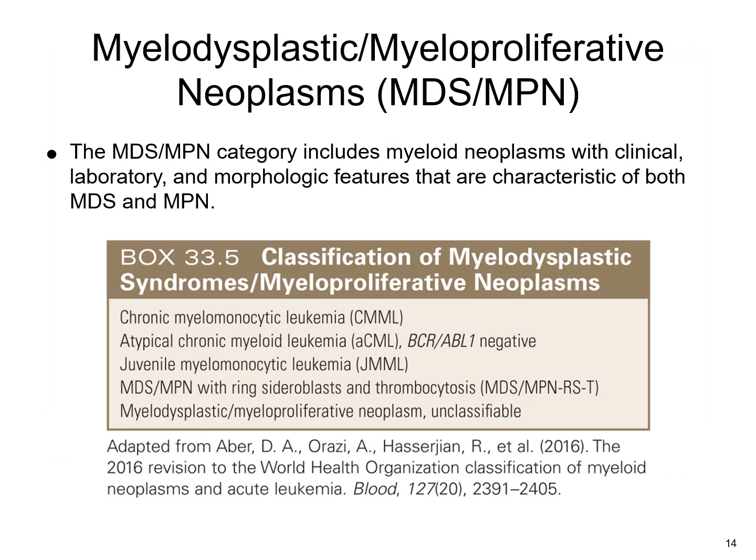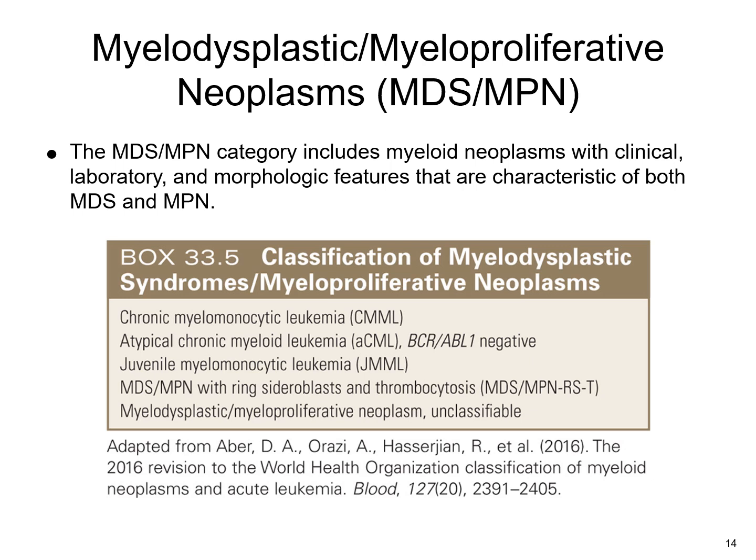So the myelodysplastic syndromes and the myeloproliferative neoplasms. This category includes the myeloid neoplasms with clinical, laboratory, and morphological features that are classic to both of these disorders.